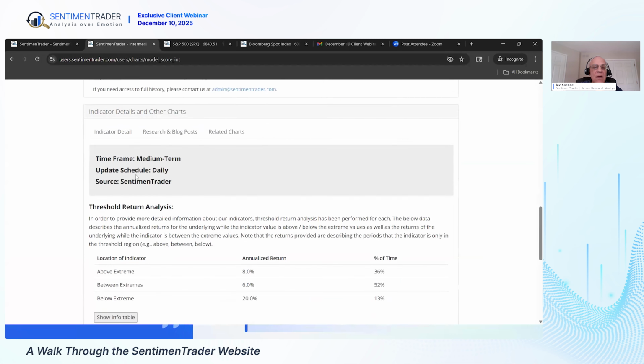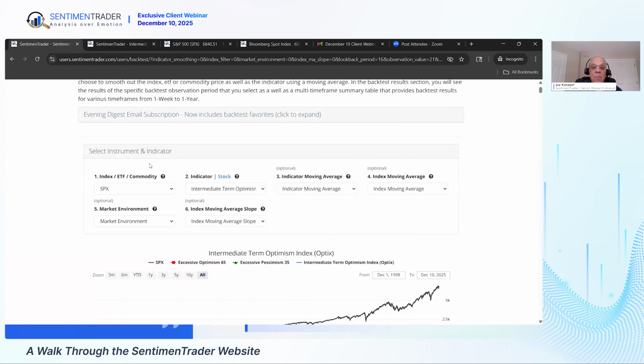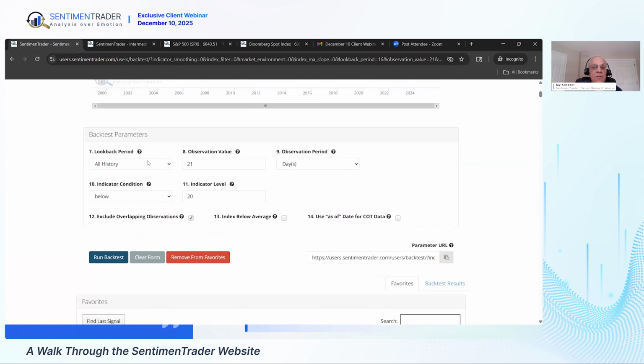And when you scroll down, it will tell you what it is. I'm not going to explain all this. I just want to point out where you can find out. Looks at a number of different things, basically. But what I've done for this particular test is I've said anytime it crosses below 20 for the first time in 21 days. So I said 21 days, exclude overlapping, and I click Run Backtest.